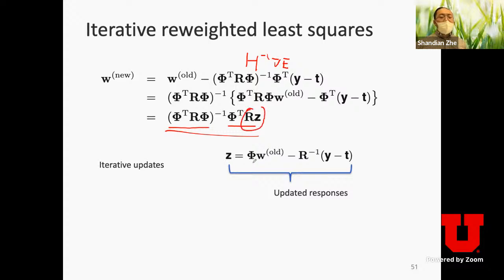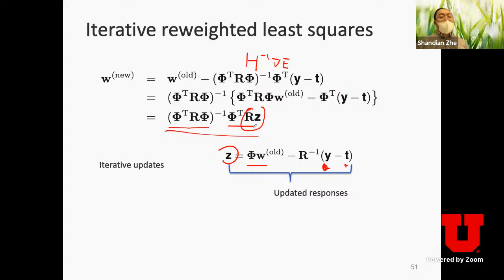Z here is the prediction score from the previous W, subtracted by R inverse times the difference between your probability prediction and the observed response. Of course, because Z is dependent on W as well, Z is changing along with the updates. So that's why it's called the updated response.